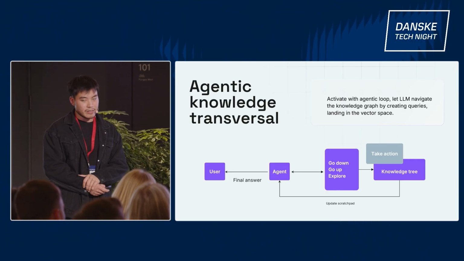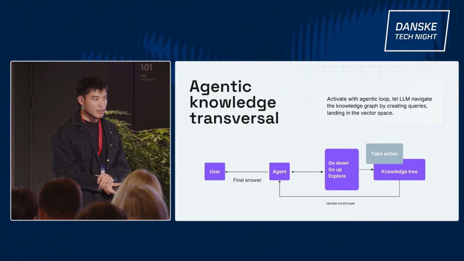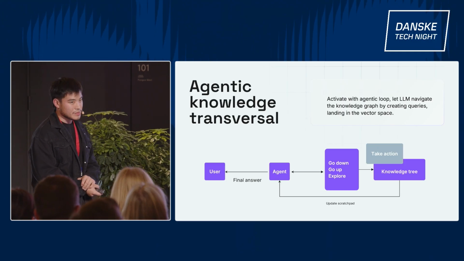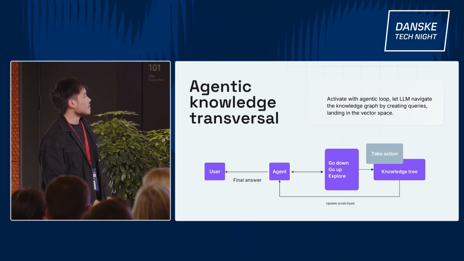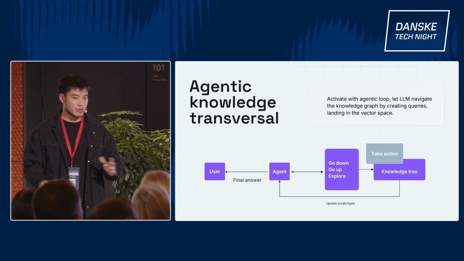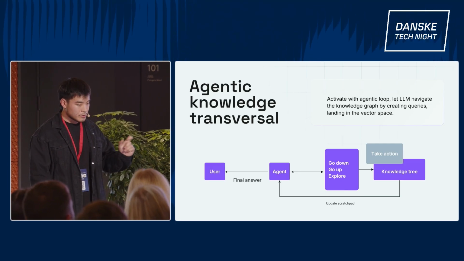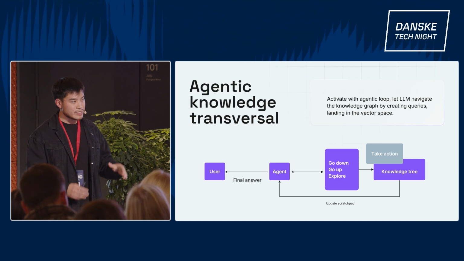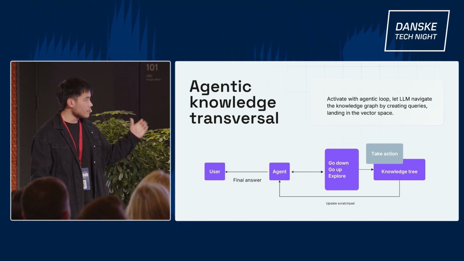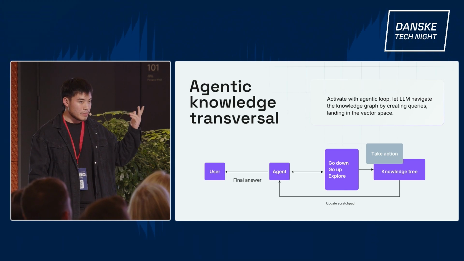This I particularly like because it reminds me of those traditional artificial intelligence problem-solving algorithms or optimization problems. The idea is, let's say a user has a query, like give me financial report 2025, and gives that to the agent, and then the agent will have a set list of actions that they can do. So in this example, we give it 3. The first one is go up.